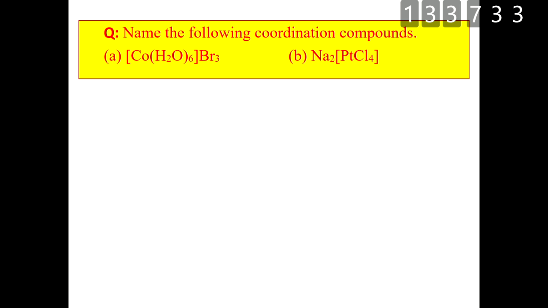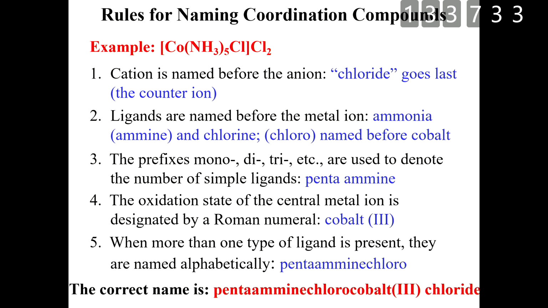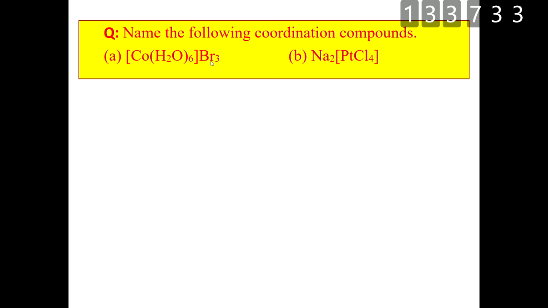She will get the second one. You don't know? Okay, so just according to the rule, the cation is named before the anion, right? So which part is the cation? No, it's the inside. Okay, so anyone want to help me?